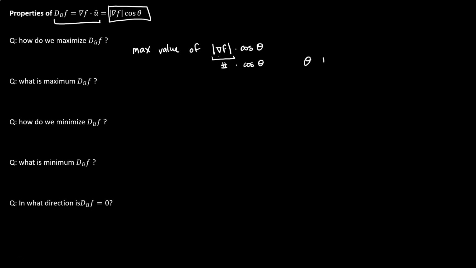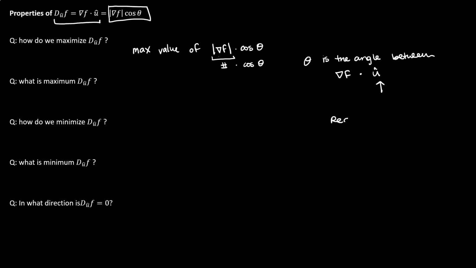And remember that theta is the angle between the gradient vector and the unit vector that we are taking the directional derivative in. So if theta is the angle between these two things, we can change that angle. In other words, we can change the direction for u hat so that cosine of that angle is the largest value that it can possibly be.